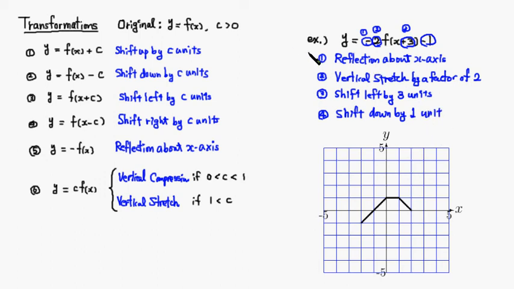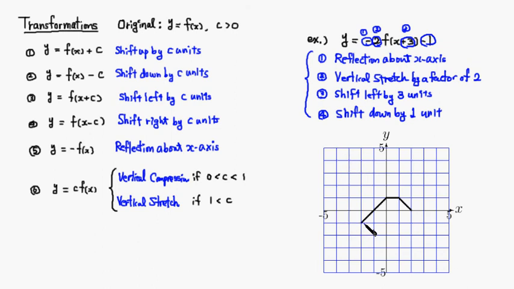All right, so all we need to do is start with this given graph of y equals f of x. Then we're going to apply these 4 transformations one by one. All right, so let's do that. Let's apply reflection about the x-axis. So what happens is, let's start here.